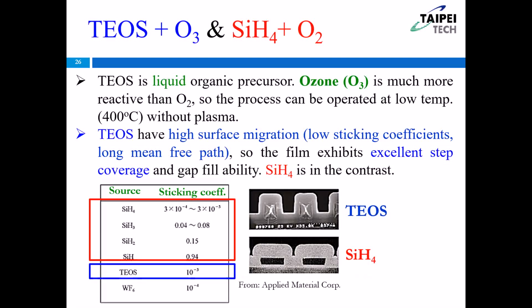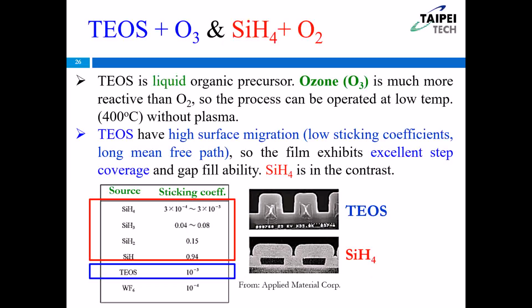Okay, let's introduce the TEOS. TEOS is a liquid organic precursor, and ozone is much more reactive than O2, okay? So in some processes, if we want to use the oxygen atom, we will use the ozone because ozone is much more reactive than the oxygen.